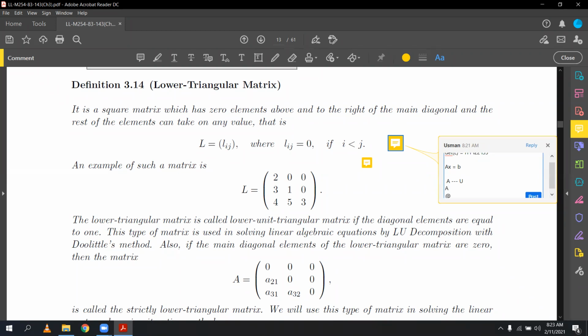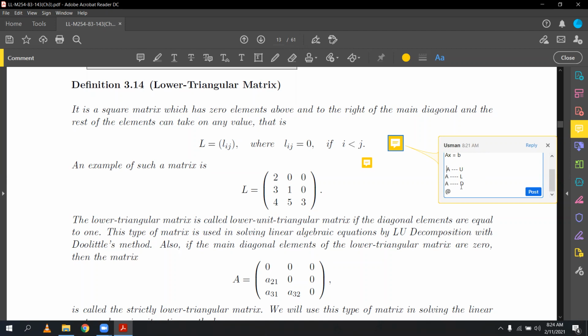Many numerical methods exist. They convert A into L, and many numerical methods we have. They convert A into the diagonal one.